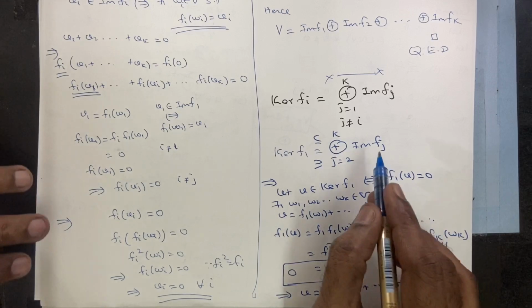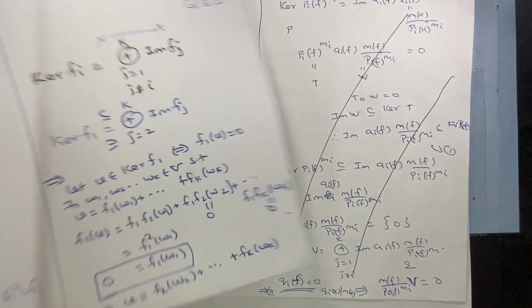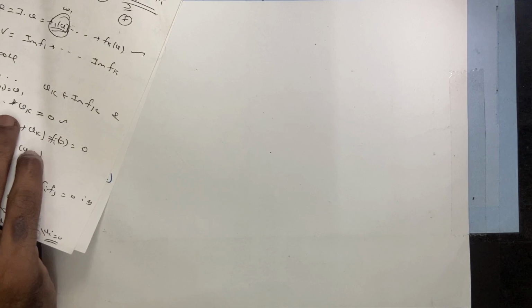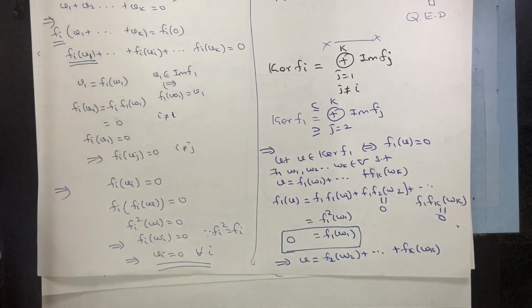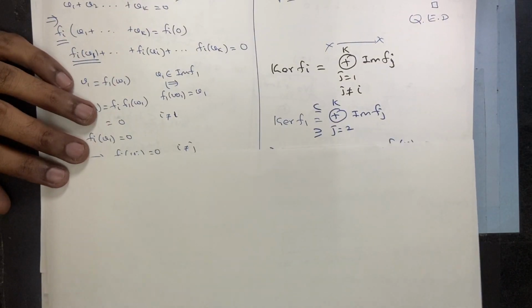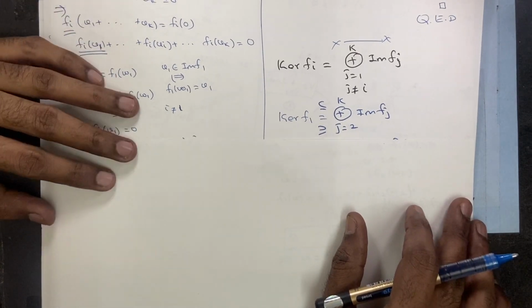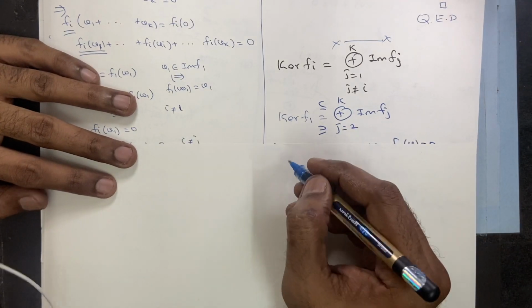Now conversely, we take an arbitrary element from the right hand side and prove that it belongs to the kernel of f1. So let's prove the converse now.